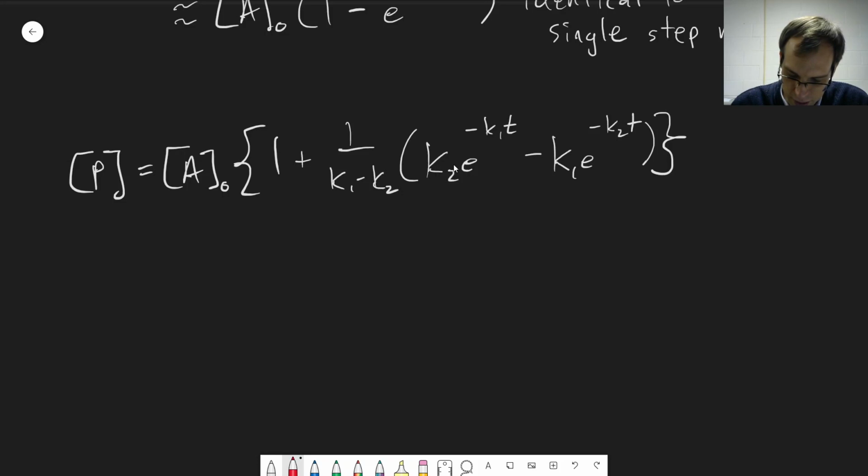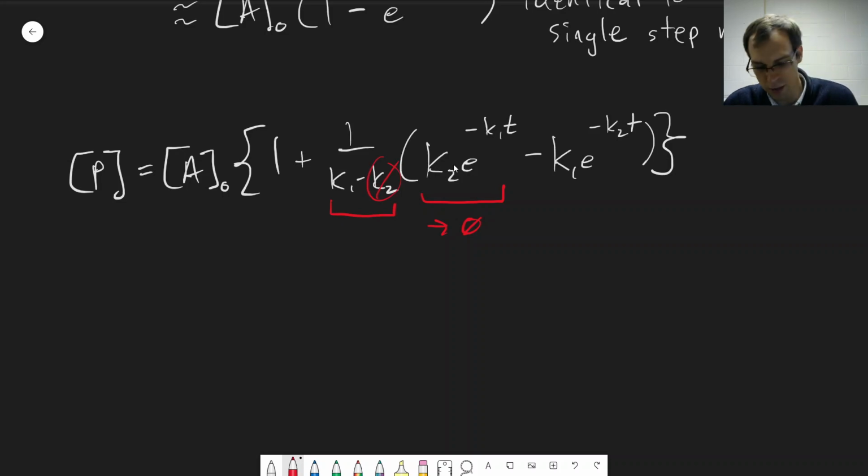This term here is going to be the term that goes to 0. Same argument, this term is going to disappear. And in this denominator, we're going to ignore K2, because K2 is the slow step now. K1 is the fast step.